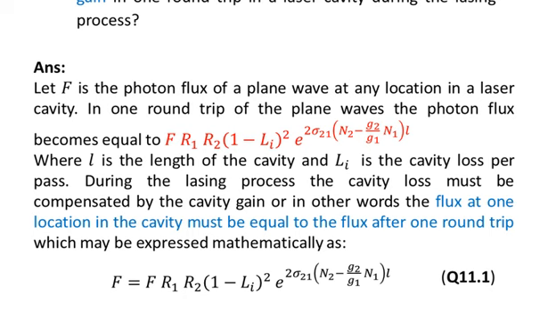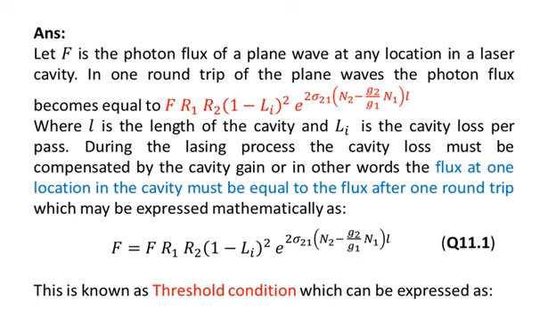During the lasing process, the cavity loss must be compensated by the cavity gain, or in other words, the flux at one location in the cavity must be equal to the flux after one round trip, which may be expressed mathematically as given in equation number 11.1. You see that above we have said that capital F is the flux at any point, and after one round trip the flux is this, which is given in red, F times R1 times R2 and so on.